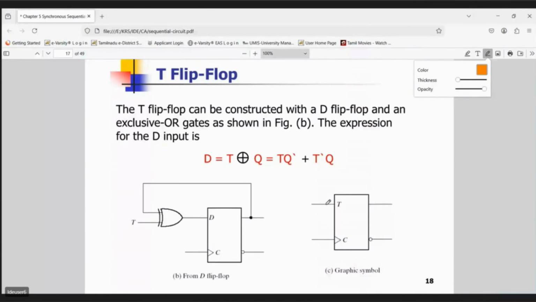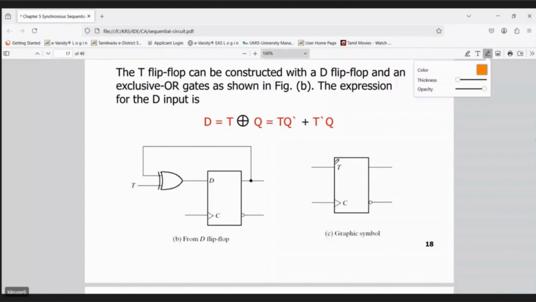The expression for the D input is D equal to T exclusive OR Q, that is equal to T Q dash plus T dash Q. So from the D flip-flop, then the graphical symbol is used.